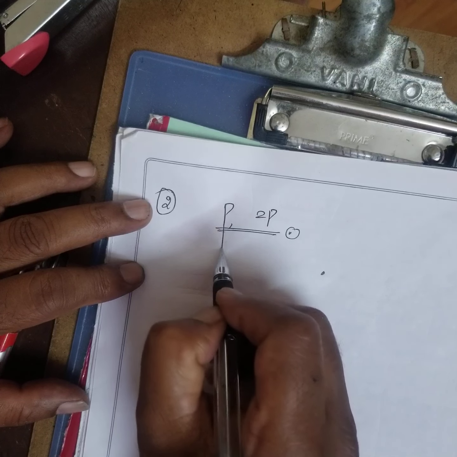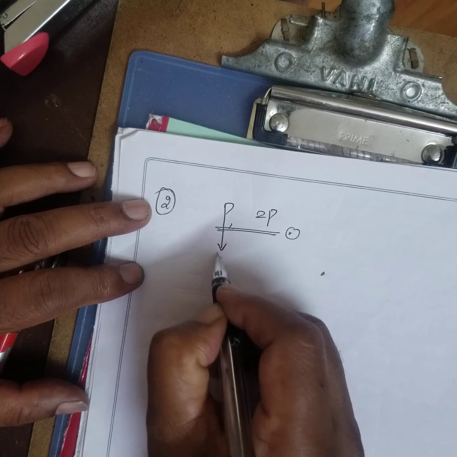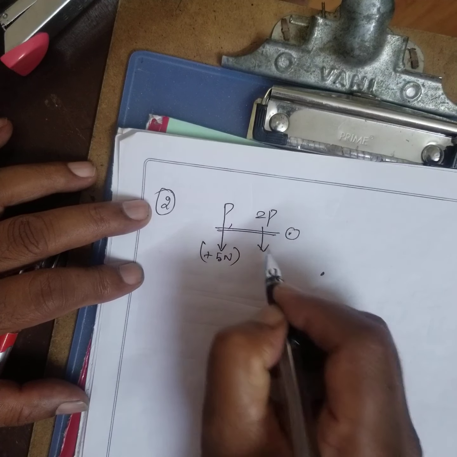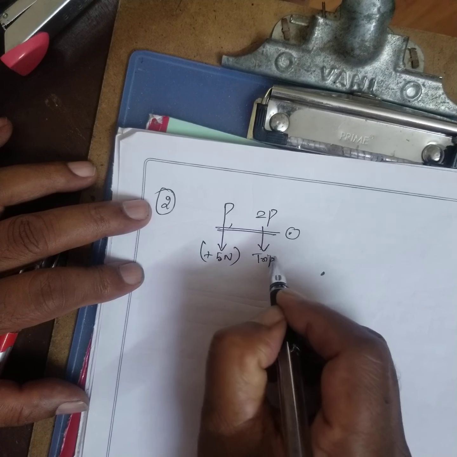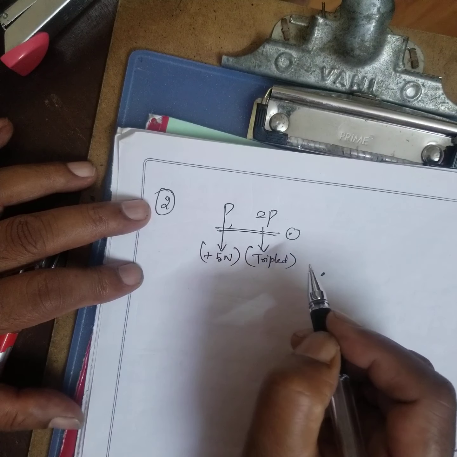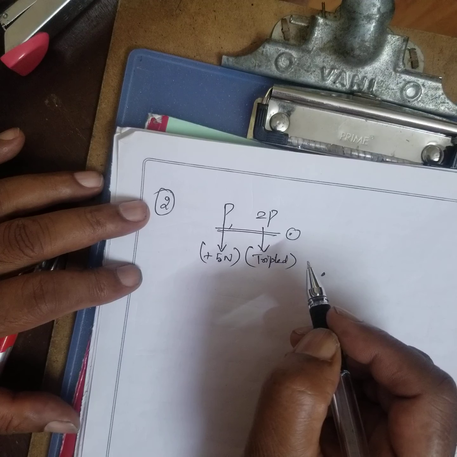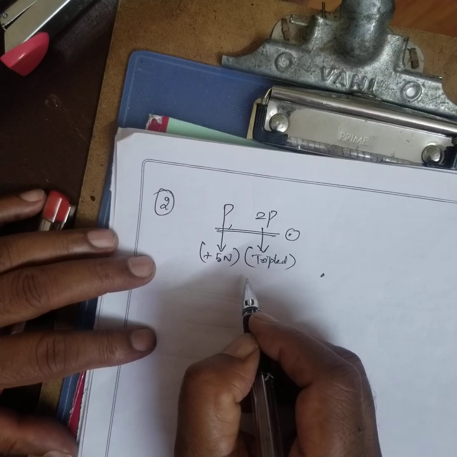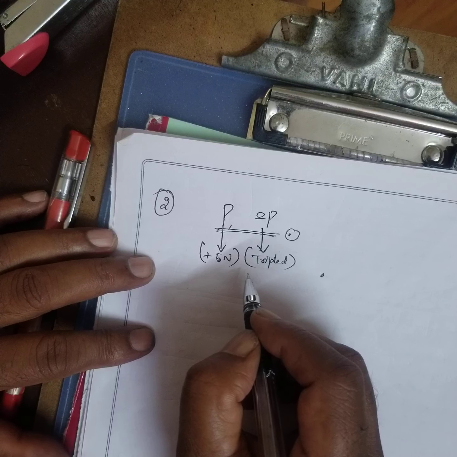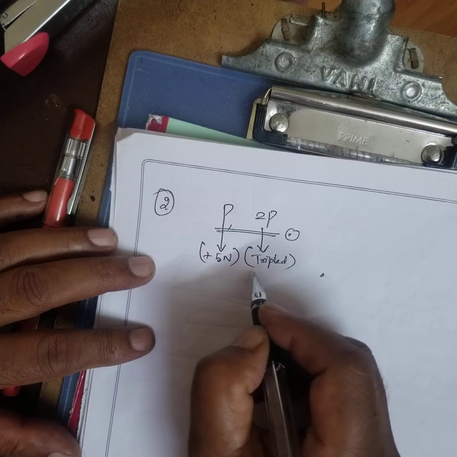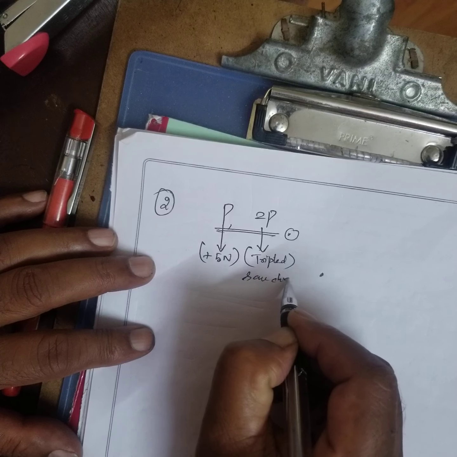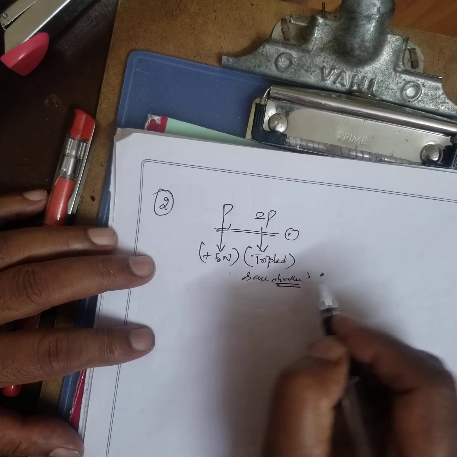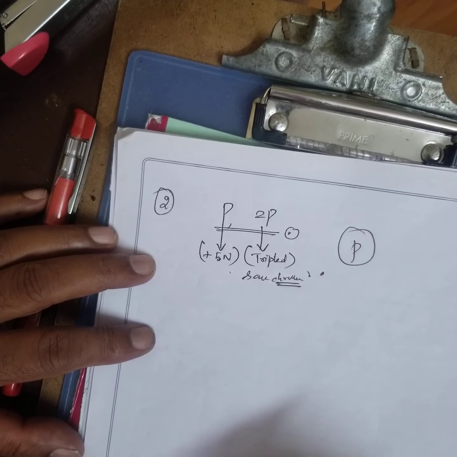If the first force is increased by 5 Newton and the other is tripled, in the same direction, find the value of P. That is what they have asked.